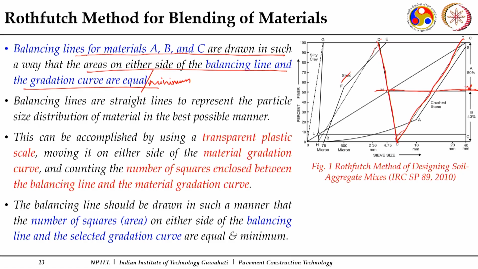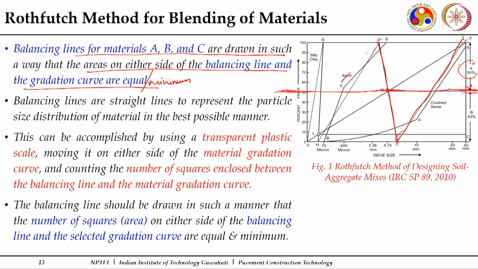The lower point of the balancing line of A is joined with the upper point of the balancing line of B, and where it cuts the diagonal, you project it on the y axis. When I project it on the y axis, the percentage I get will be my material A, which is my 50%.